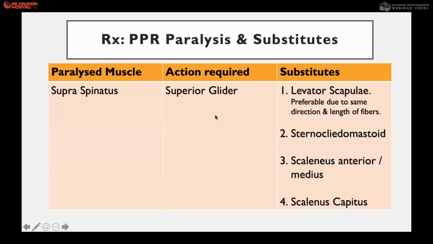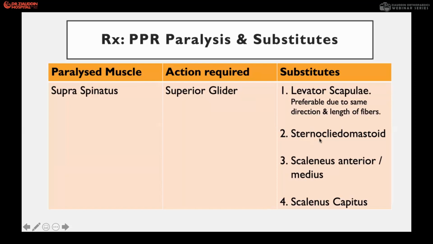Here we can discuss the substitutes for the paralysis, the residual paralysis of the muscle. For the shoulder, I would say there are the trapezius muscle and the group of superior muscles which are available, which can be transferred for deltoid palsy. But when there is supraspinatus paralysis, which is the superior glider, the substitute most commonly used is the levator scapulae, preferably due to the same direction of muscle force and the same length of the fibers.